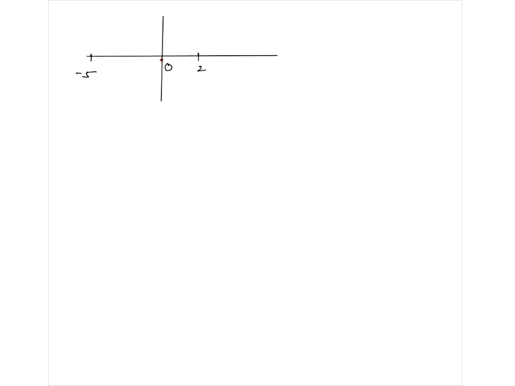So position can swing from positive, negative, and so on. Distance can only increase. So if somebody travels to the right, and then left, and then left, and then right, distance traveled will be 2 plus 2 plus 5 plus 5. So distance traveled is 14, and it will only increase with time.